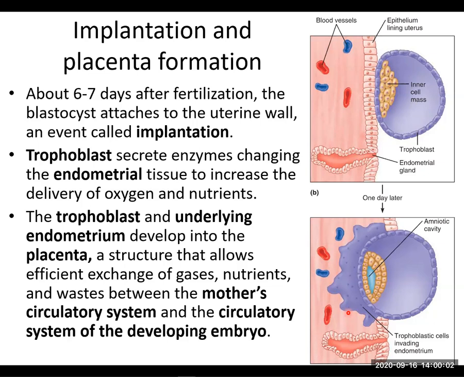They will also release metabolic waste products like CO2 and many other things. And they don't have the system that you have to release this from your body. So they basically have to rely on the mother.